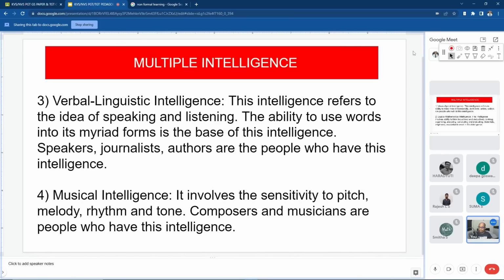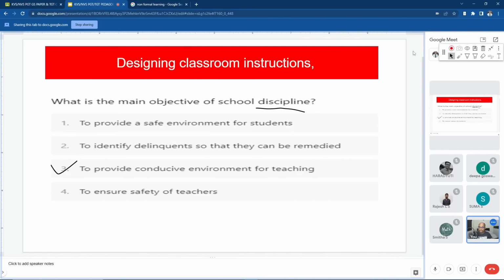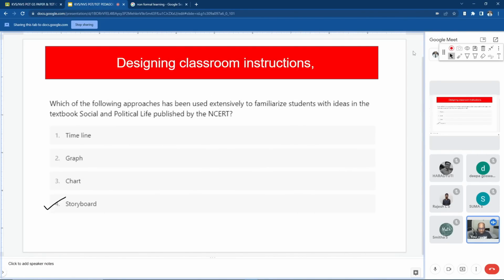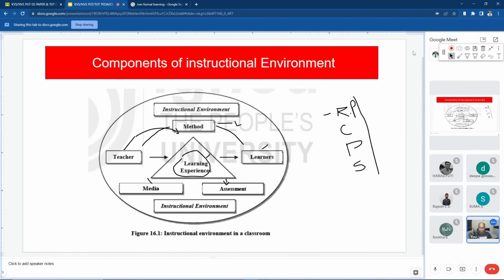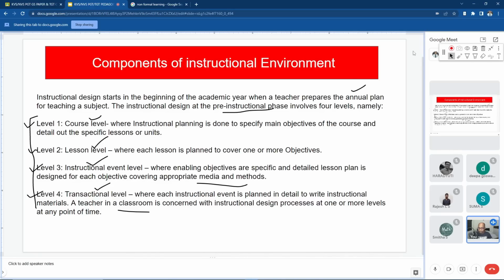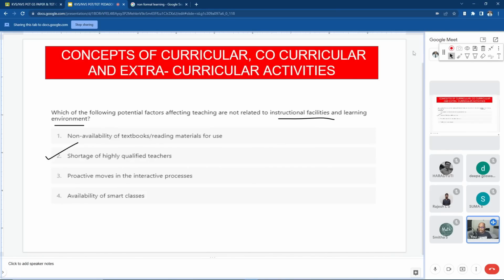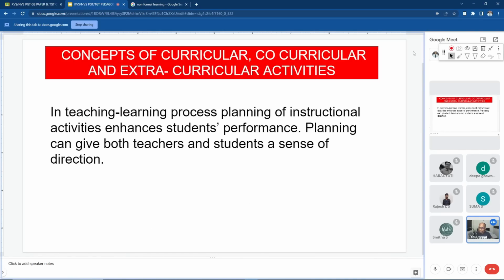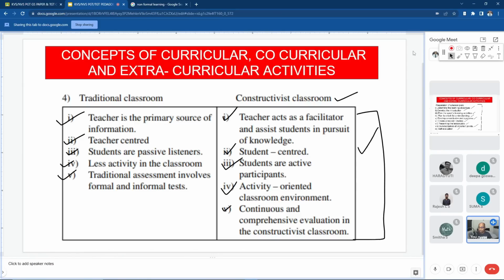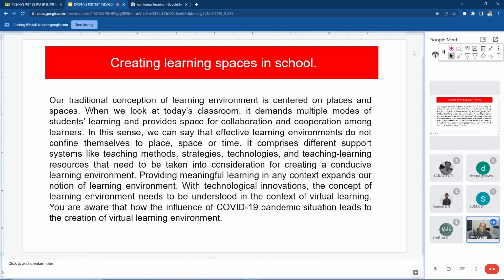The first one is designing classroom instructions that we completed today with the help of some examples, questions and information. And then the second one is planning student activities, the concept of curricular activities, co-curricular activities, extracurricular activities. And then the third subtopic is creating learning spaces in school.